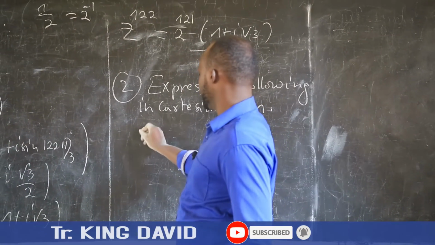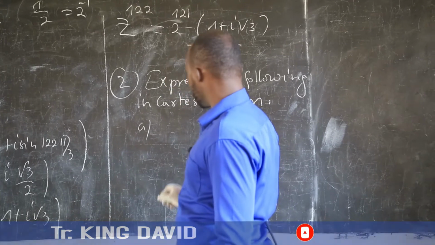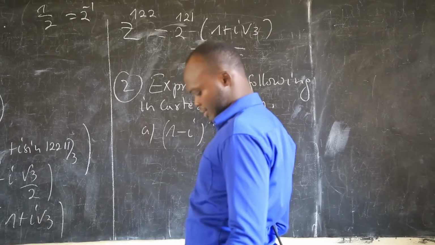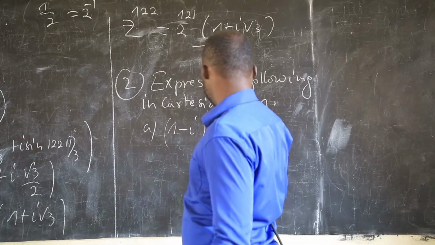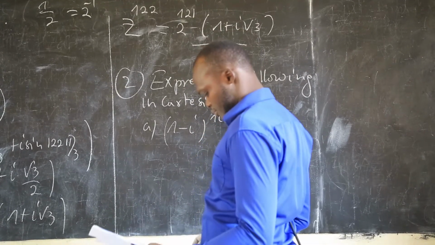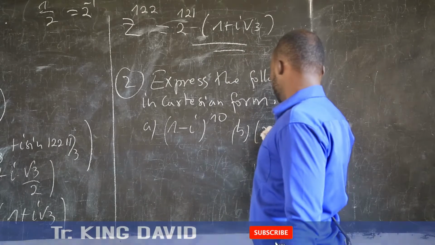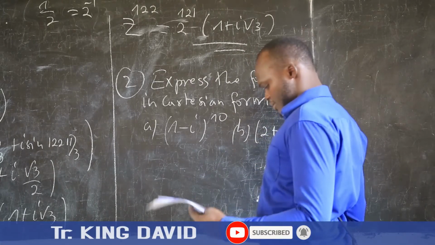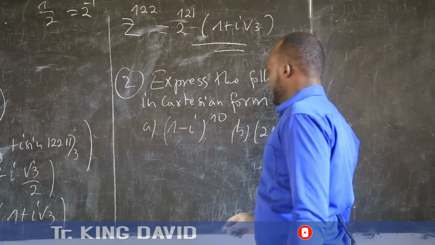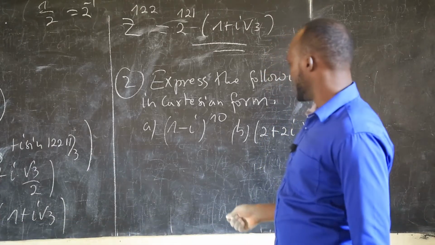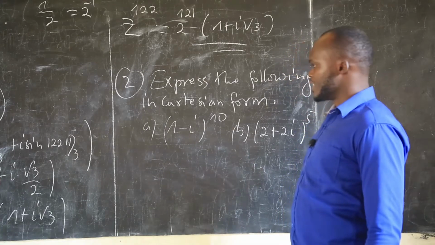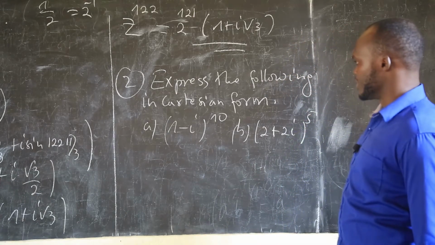So I have A, which is 1 minus I power 10. I have B, which is 2 plus 2I power 5. So I ask you to do number 2. It will help you to understand very well.